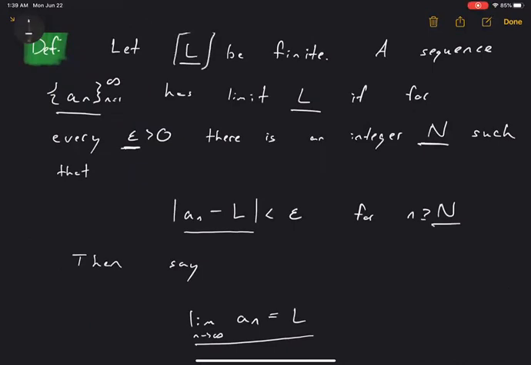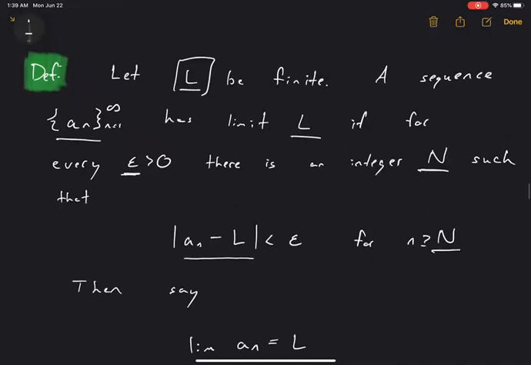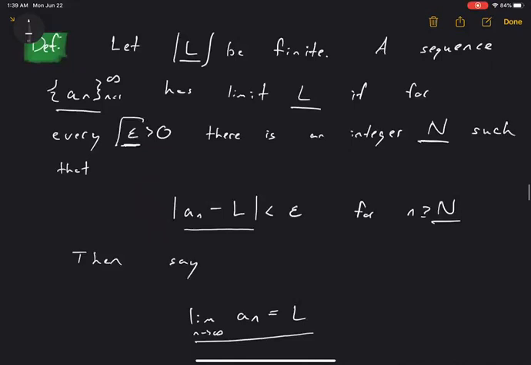We have some number L, just some finite number, and then we have this sequence a_n. When is the limit of our sequence equal to L? Okay, let's pick some number epsilon. This Greek letter epsilon stands for any super small number you could possibly think of. Epsilon could be 1 over a billion, 1 over a trillion, and so on. So epsilon just stands for any arbitrarily small number.